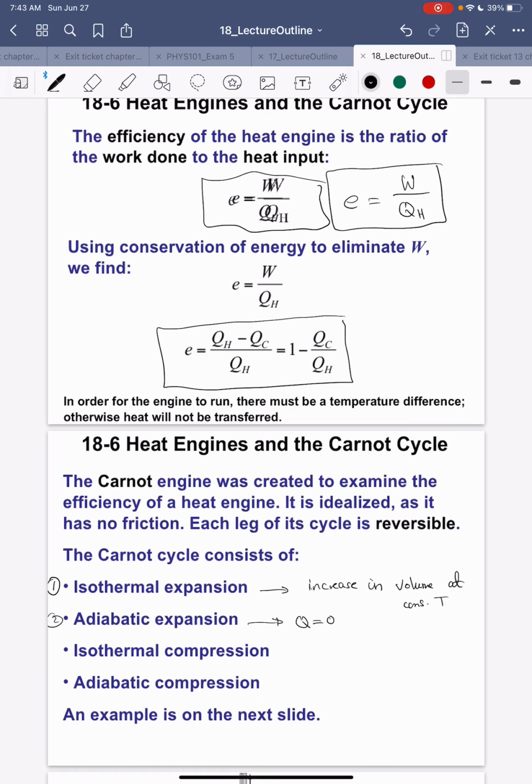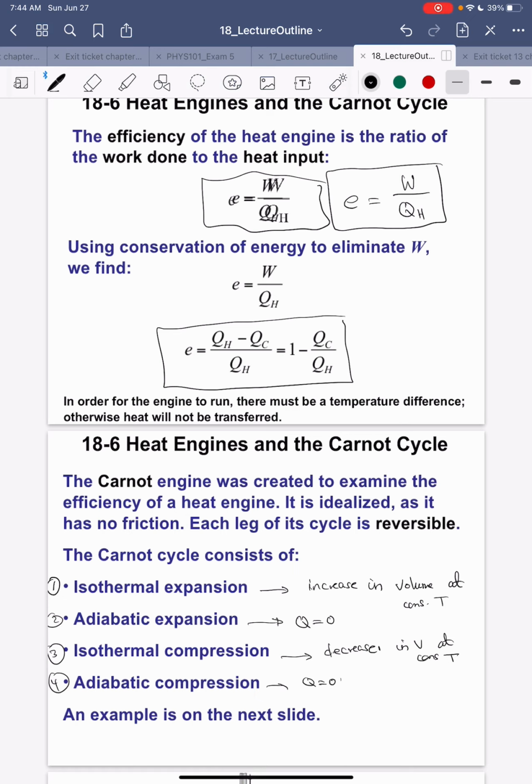And of course, it's also a volume increase. Number 3, isothermal compression, because remember, we need to go back, and that is, again, a decrease in volume, but at constant temperature. And then adiabatic compression, again, where we have Q equals 0.